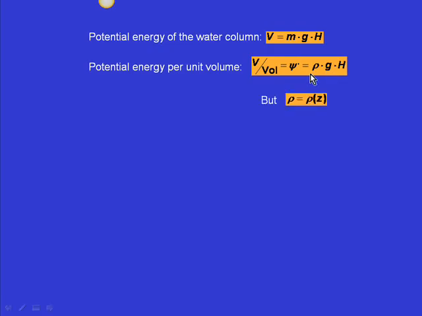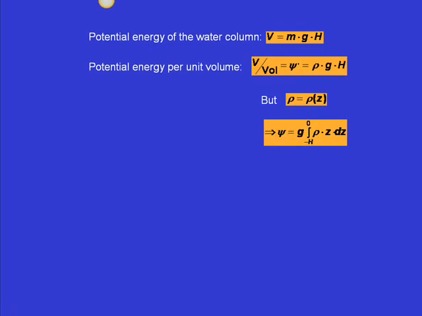But in reality, or in most cases, that density depends on depth, if we have a stratified water column. If it's a mixed water column, then the density doesn't depend on depth, right? So we can say then that the potential energy per unit volume is going to be given by gravity times the integral of the density over the entire water column. That's going to be the potential energy of a stratified water column.